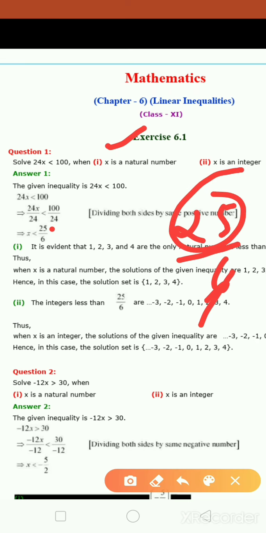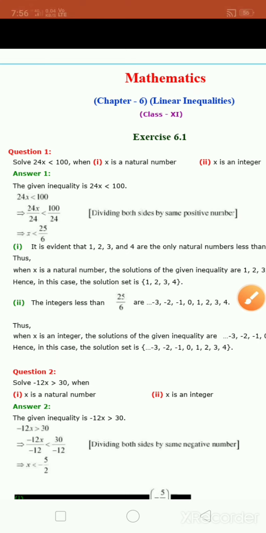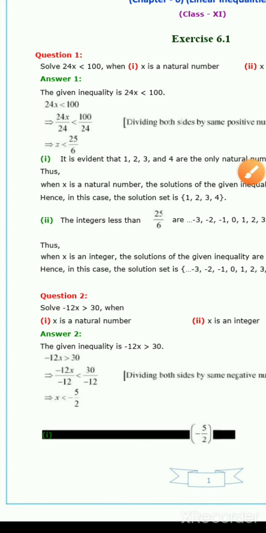So you have to consider the natural numbers 1, 2, 3, 4. It is evident that 1, 2, 3 and 4 are the only natural numbers less than this. So we can write the solution set as 1, 2, 3, 4. Same way you have to do for the integer, that is minus 3, minus 2, minus 1, 0, 1, 2, 3, 4.